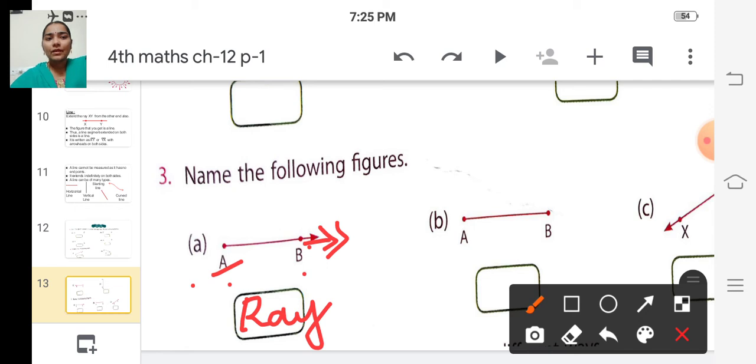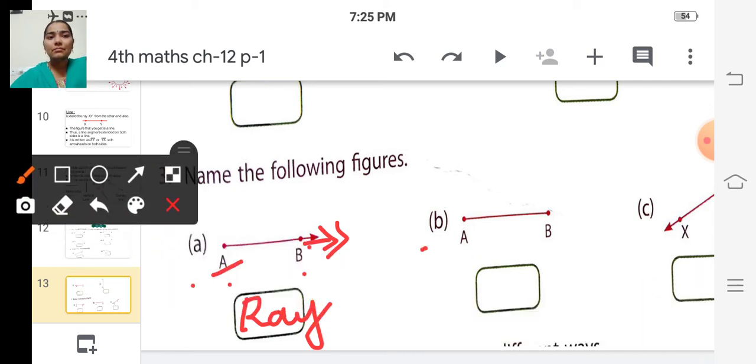And look at the next picture, B. They have joined A and B. It has a fixed length and there are no arrow marks, so it is a line segment.